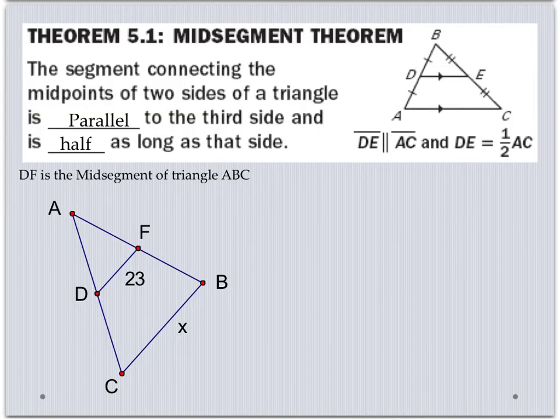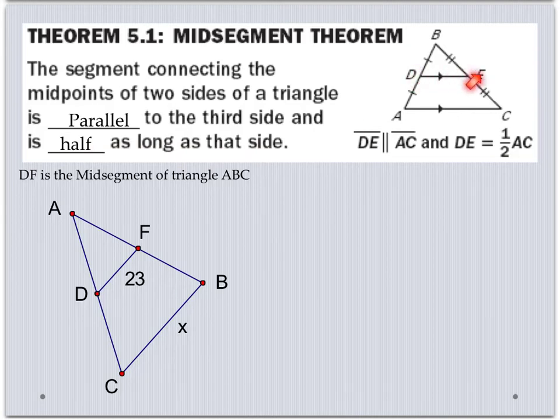This theorem's a little wordy, but it makes a lot of sense. It's the Midsegment Theorem, which tells us that if we have a midsegment, like DE right here, connecting the midpoint of AB to the midpoint of BC, then DE is parallel to AC, and that's shown here in the picture. The important thing is that these two are parallel, and the third side is twice the length.